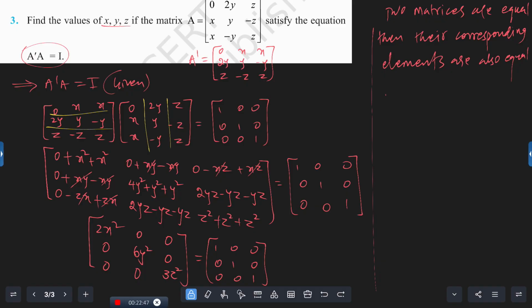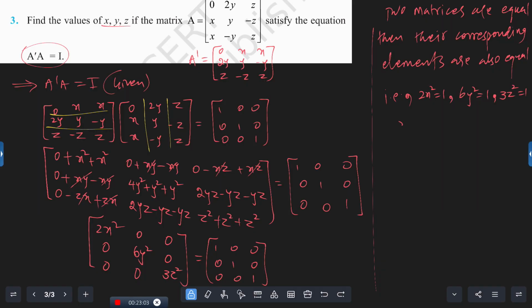That is what it means. All diagonal elements you make equal, which means 2 times x square is equal to 1, 6 times y square is equal to 1, and 3 times z square is equal to 1.